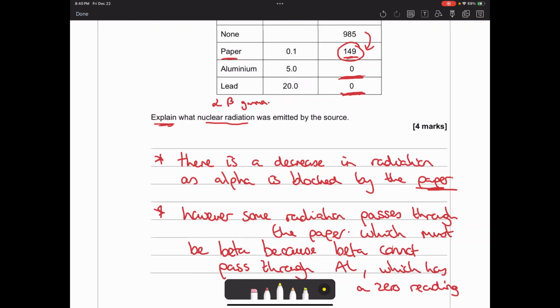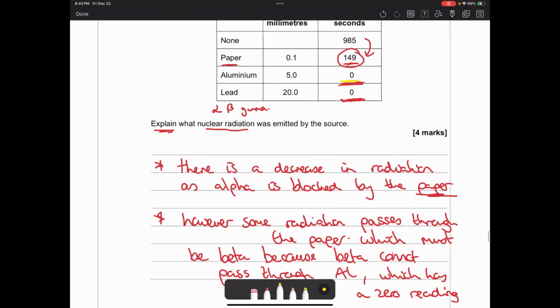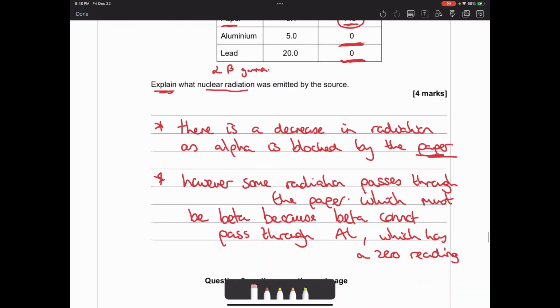Because if it was gamma, then there would still be a number here, maybe about 100-ish, because gamma would have been able to pass through the aluminium. But the aluminium is blocking all the other radiation, so therefore it must be beta. So your answer here is showing that you've got some alpha because it's being blocked by the paper, and you've got some beta because it's gone to 0 with the aluminium.